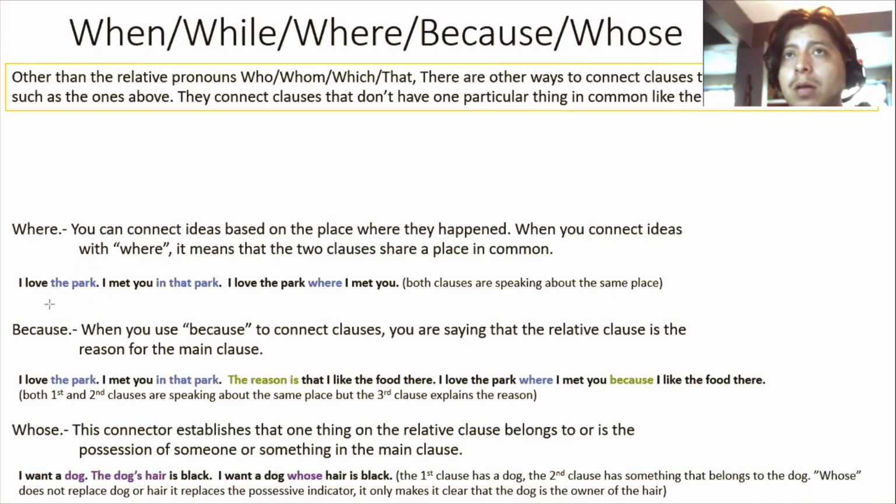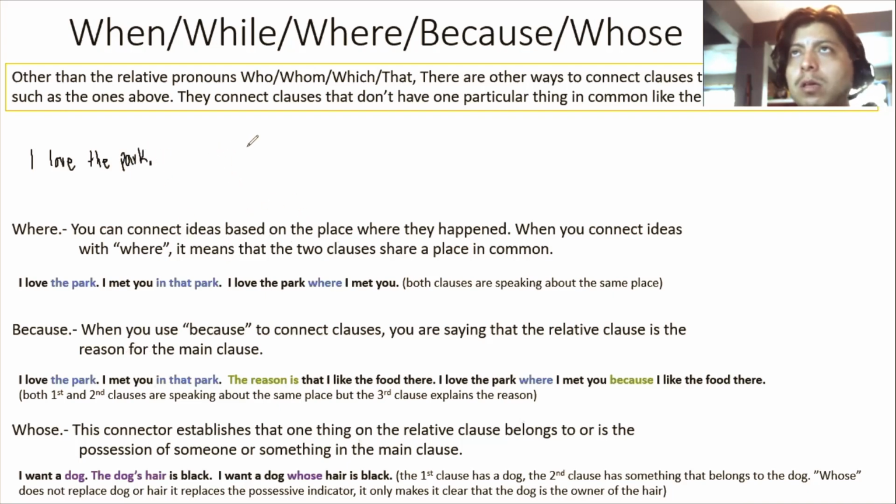For example, I have two sentences here. Let's write them down. One says, right here, it says, I love the park. I need to change this to black. I love the park. This is one sentence.